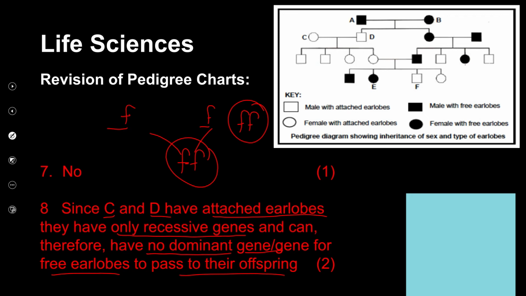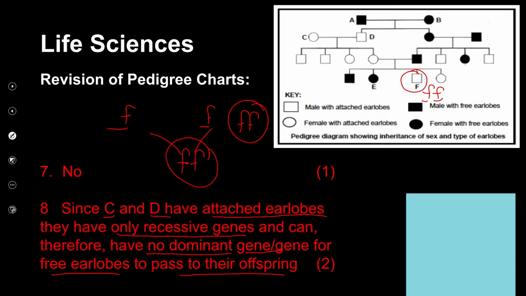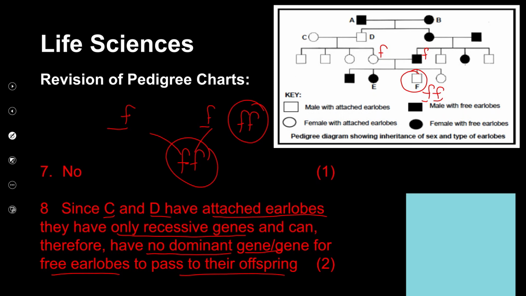So when we look at this individual here, which is individual F, and we allocate that individual the recessive alleles, it's important that we recognize that during independent assortment, each of these alleles comes from a parent. This means that individual F would have inherited a recessive allele from the mother and a recessive allele from the father. And that is crucial to individual F inheriting 2 recessive alleles.